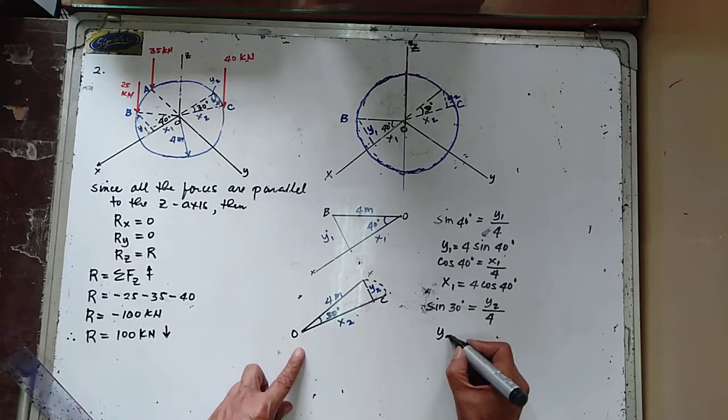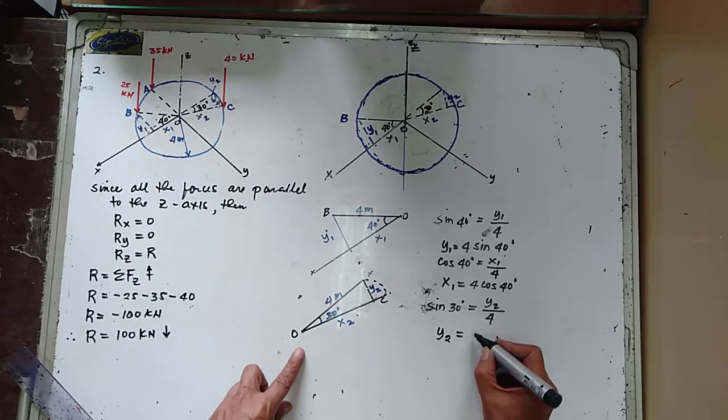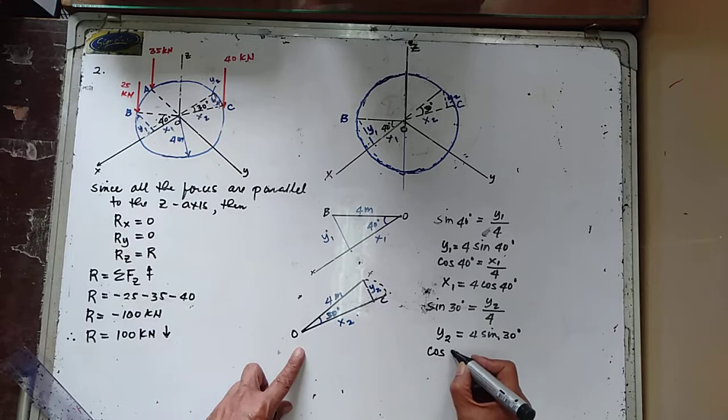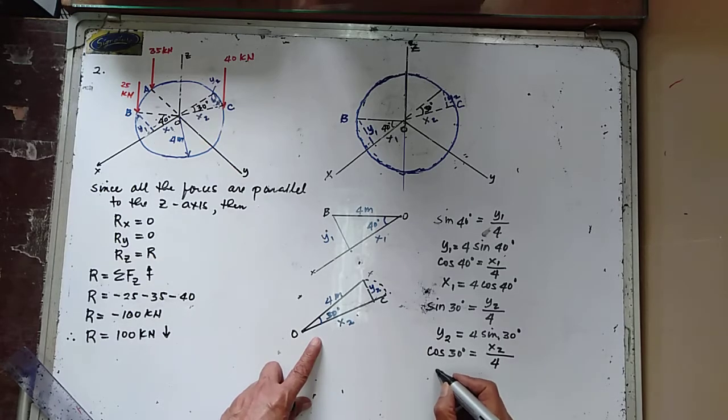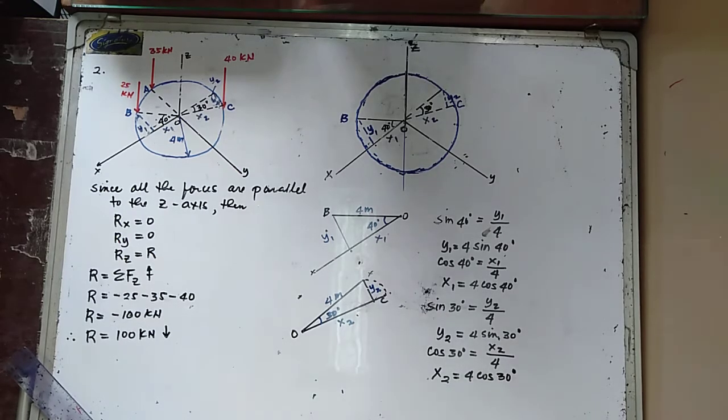So your y sub 2 is now equal to 4 sine of 30 degrees. Again, cosine of 30 degrees is now equal to x sub 2 all over 4 meters. So your x sub 2 is equal to 4 cosine of 30 degrees.